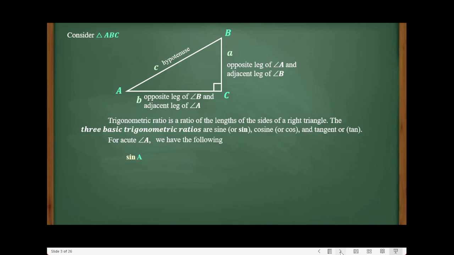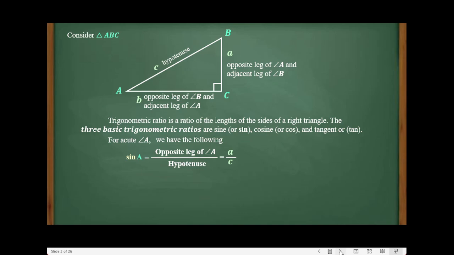Sine of A is defined as the ratio of the opposite leg of angle A to the hypotenuse. If we use the equivalent symbol of each of these labels, the ratio becomes: for the opposite leg of angle A, that is small letter a, over the hypotenuse, which is labeled as small letter c.